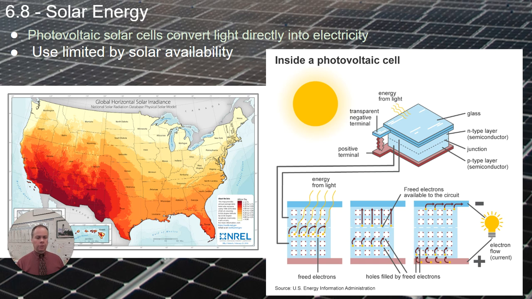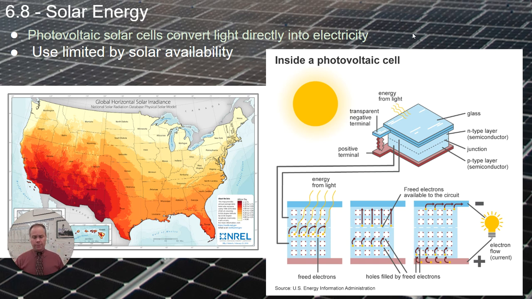We'll talk a little bit more about photovoltaics, but they have become increasingly more and more efficient over the last several decades, and they've also become less and less expensive. The use of photovoltaics to generate electricity really is dependent on solar availability, on solar intensity.